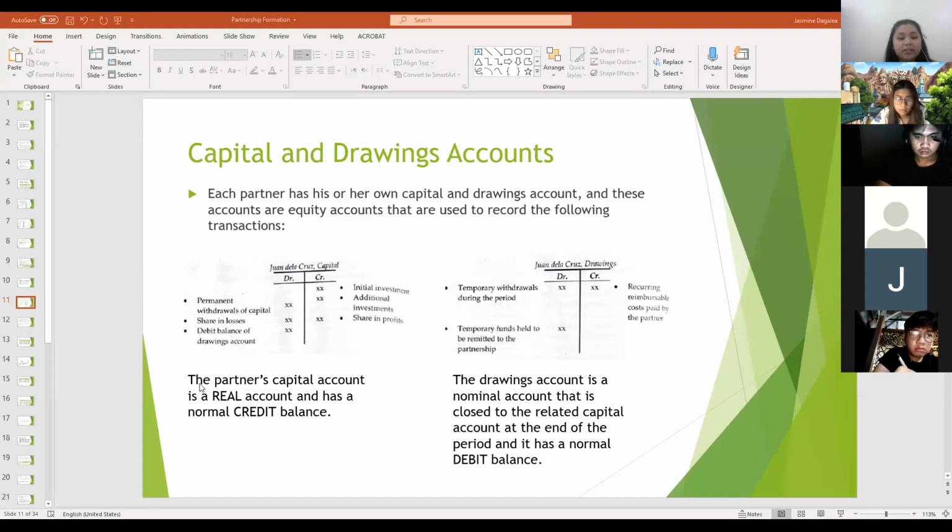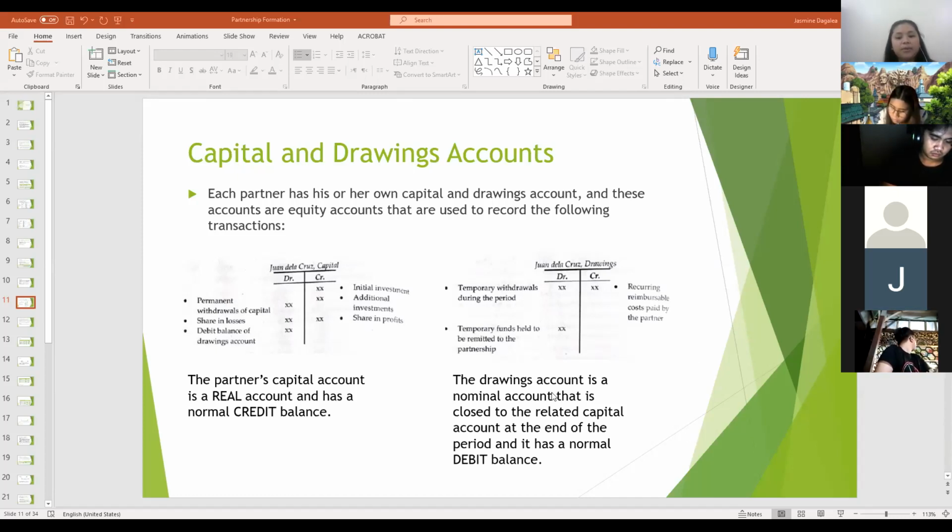Remember, the partner's capital account is a real account and has a normal credit balance. Real account means hindi siya kino-close at the end of the period. Dito kino-close yung profits or losses and drawings account at the end of the period.